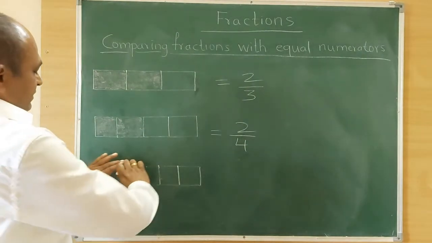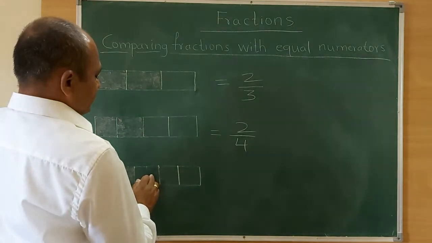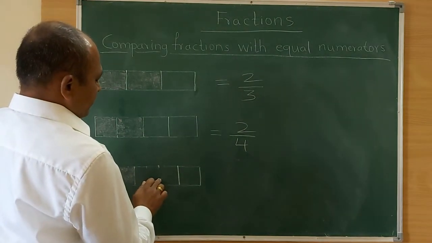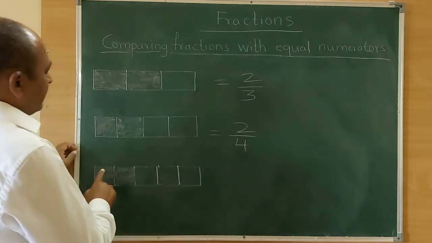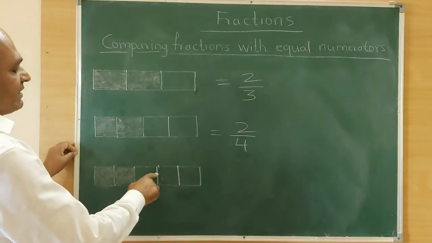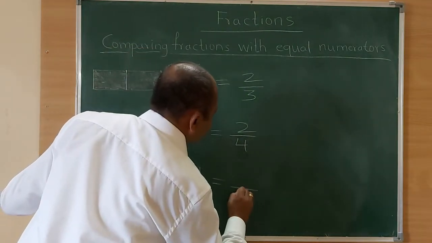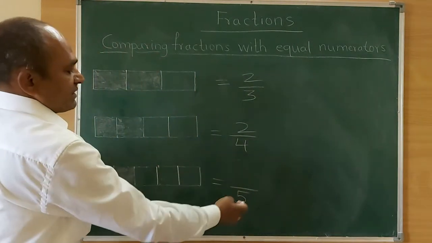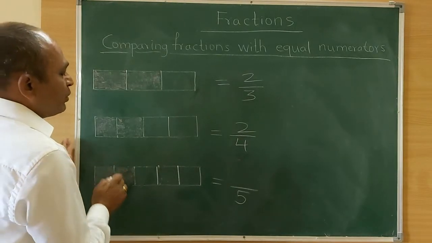Here the strip is divided into 5 equal parts. So the denominator here is 5. Means one whole object is divided into 5 equal parts. And how many are shaded? 2 are shaded.